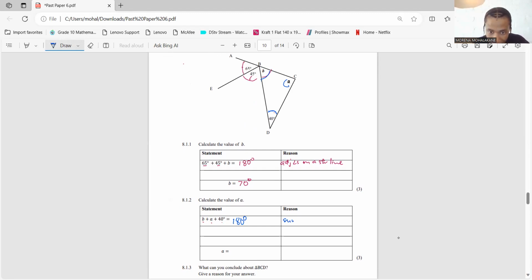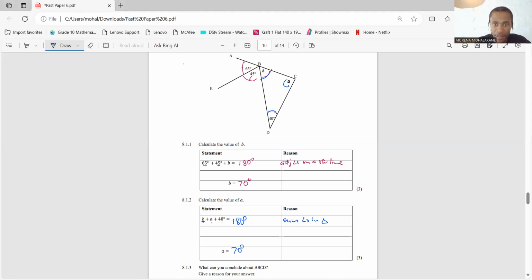Because the sum of angles in a triangle, if I add all the angles inside the triangle, gives me 180, right? I know that B is 70, so A is also 70 degrees.